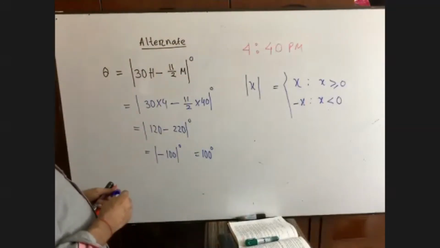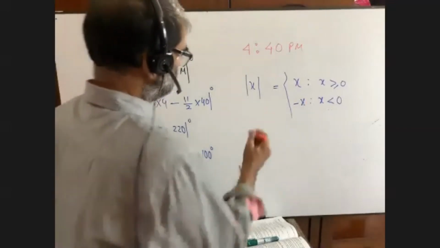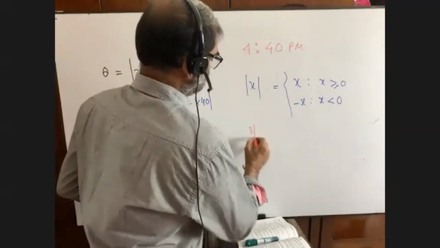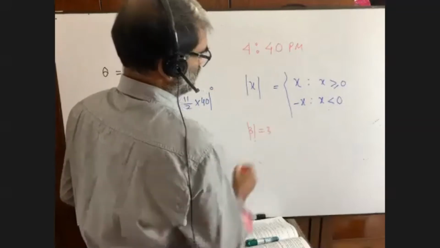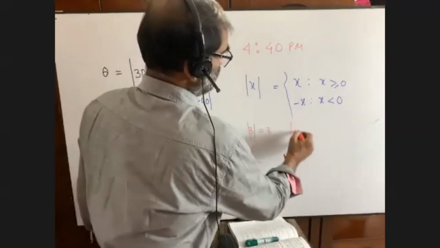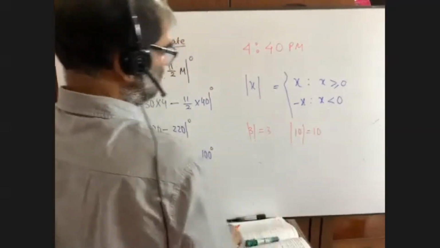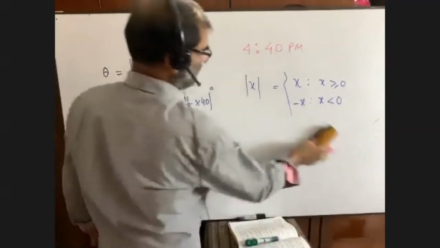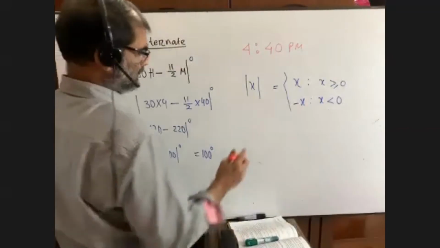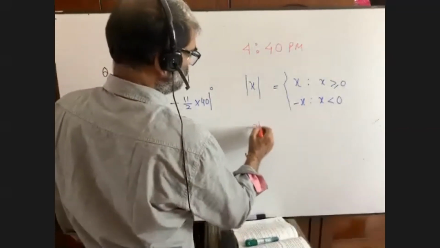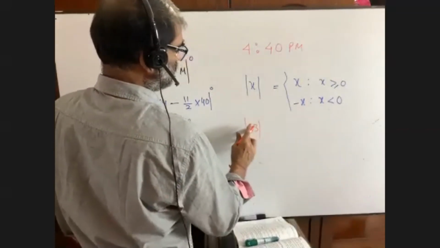We can give you an example. |3| equals 3. |10| equals 10, right? But if it is negative, |-3| equals what? The question is |-3| equals what?